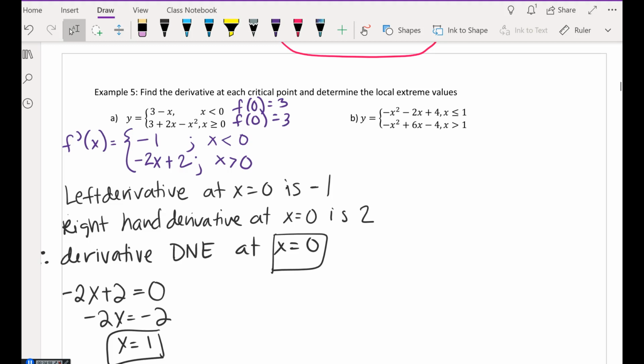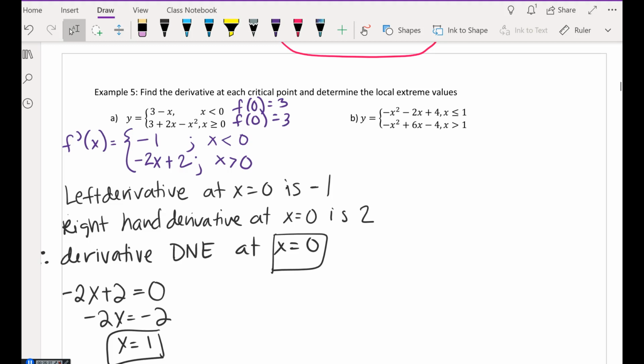Because they're not the same, the derivative does not exist at 0. So that's why the first critical point is that. But a critical point is also where the derivative equals 0. Take this whole thing and set it equal to 0. The first piece is never going to be possible, but the second piece could have a value, sometimes more than one.